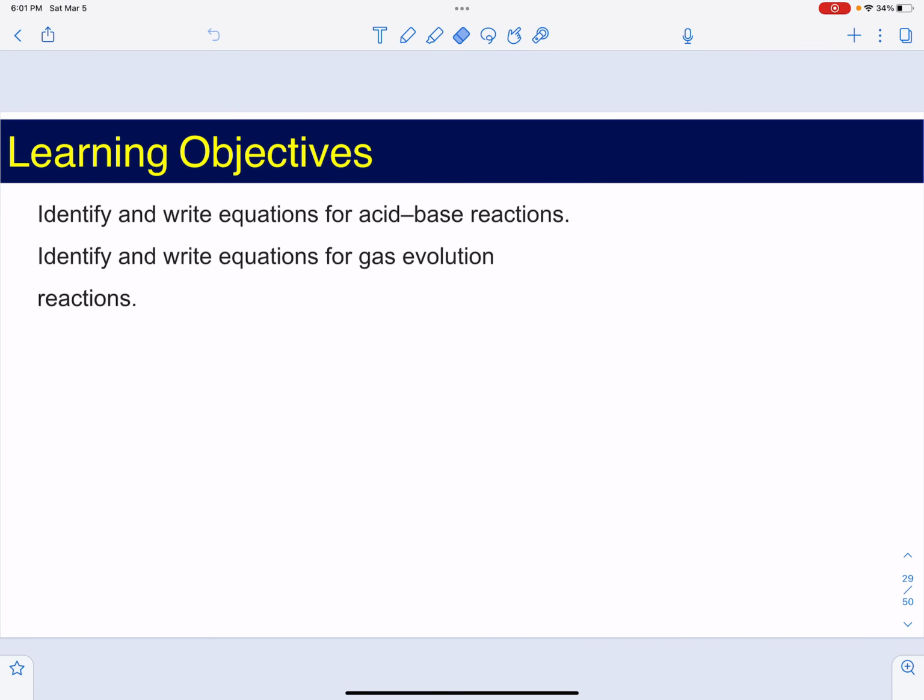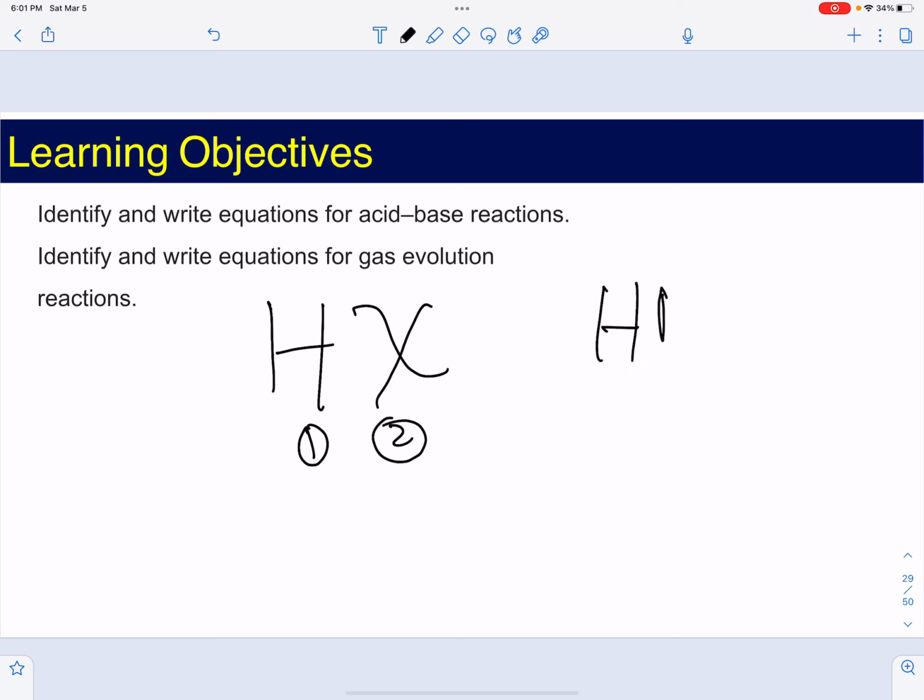One thing we need to talk about acids is, like I mentioned earlier, the formula usually begins with a hydrogen, and it could be binary, like this one with only two atoms, or it could be something like this when you have a polyatomic ion involved.